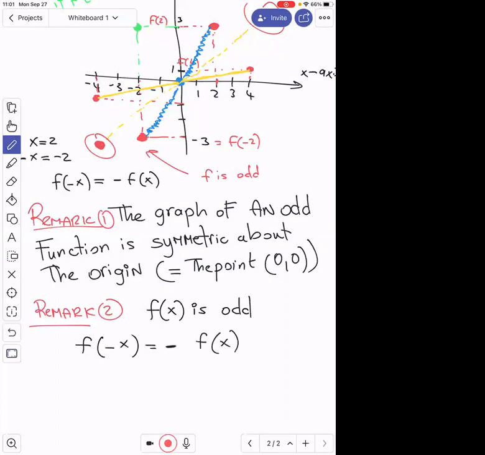Now, suppose that x is 0. What happens to f of 0? So f of -0 would be equal to -f of 0. But -0 is just 0. So what we are saying is that f of 0 is equal to -f of 0.